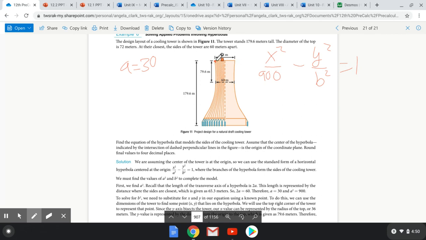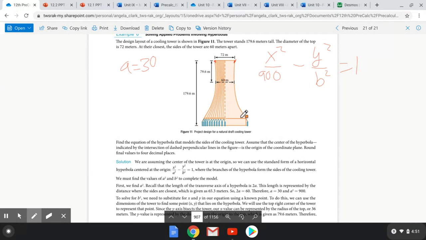I'm just going to use this one actually because it's positive. So I'm going to use the positive version. So the x value of this point is going to be half of 72, right? Because again, this is the origin. So if I go this direction, it's going to be half of this distance. So we're at half of 72, which is 36.